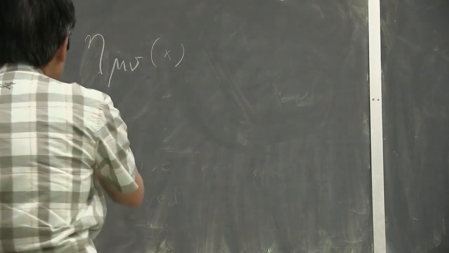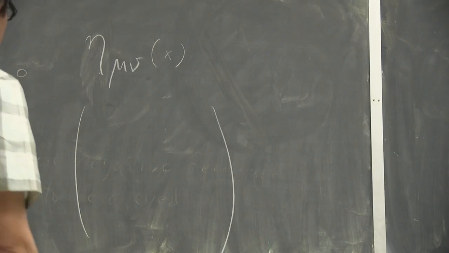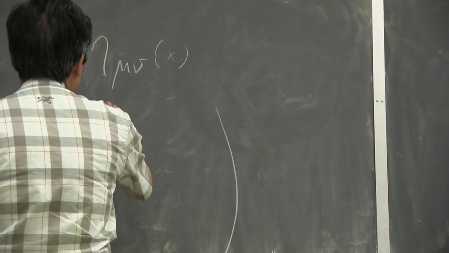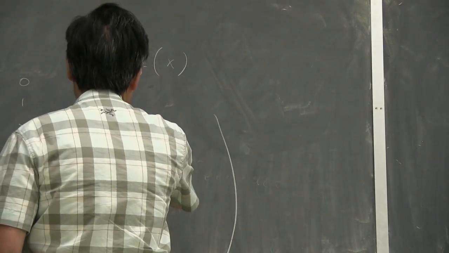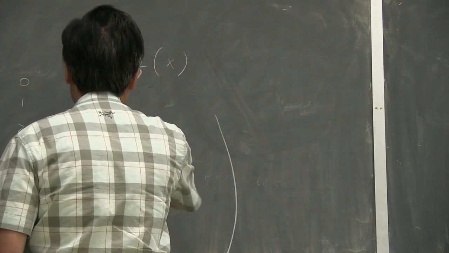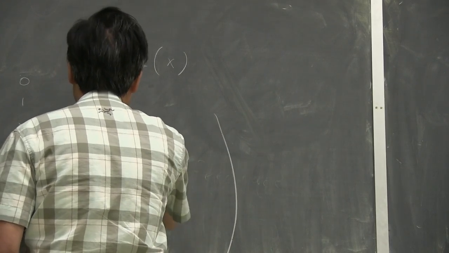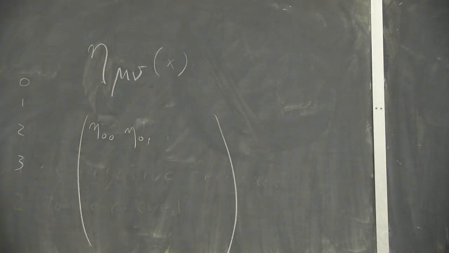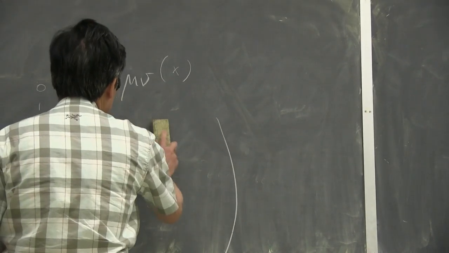And so we write the eta matrix as a 4 by 4 matrix, where the first one corresponds to the time dimension, so it's eta 0,0, okay? Then you have eta 0,1, and so on. Whoop, these are lower indices. 0, 0, 0, 1, and so on and so forth. Now, as in the case of the Euclidean metric, the eta matrix is a diagonal matrix.